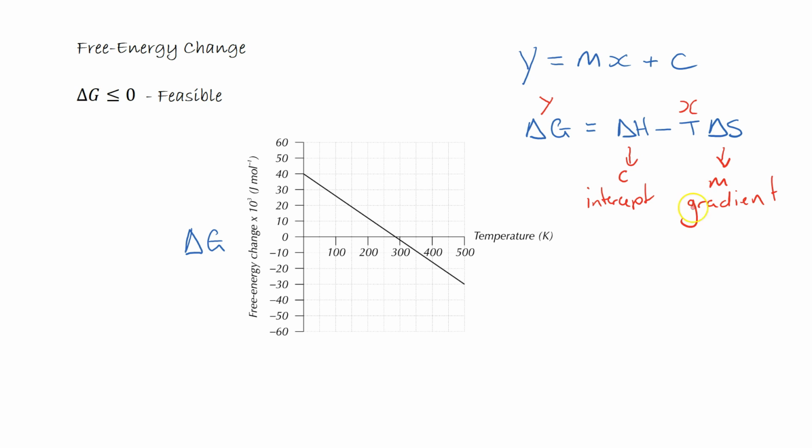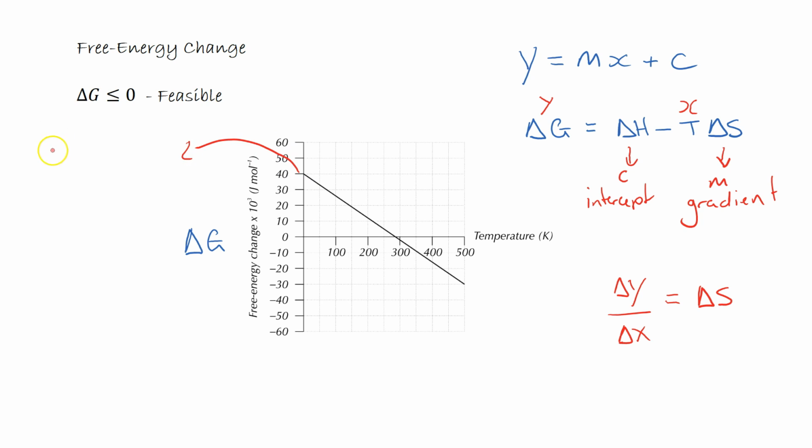Therefore, from this reaction, we could calculate a gradient by doing the change in y by the change in x to give you a value for the entropy change, delta S, where we intercept here the y-axis.